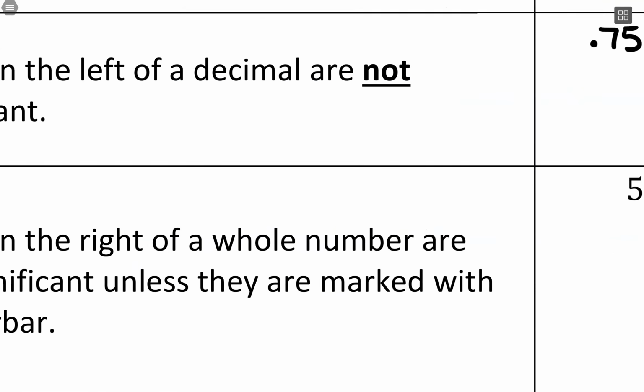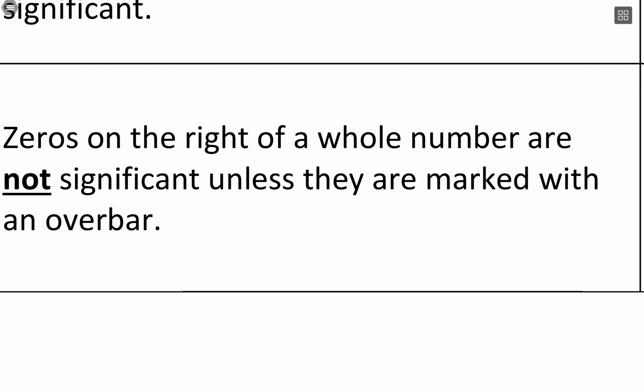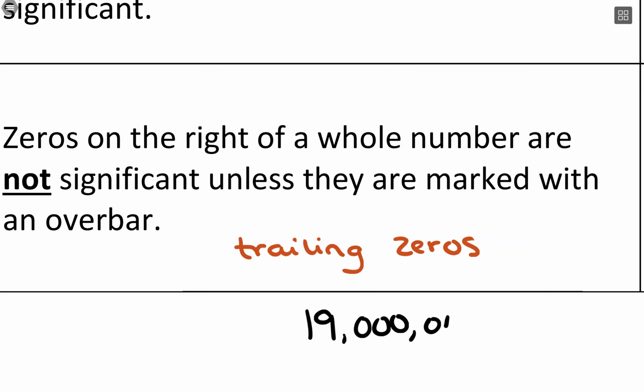All right, this one right here deals with what we call trailing zeros. So if you see the term trailing zeros, it comes from the idea of having a number and then a bunch of zeros just following after. And these trailing zeros are not significant unless they're marked by an overbar.